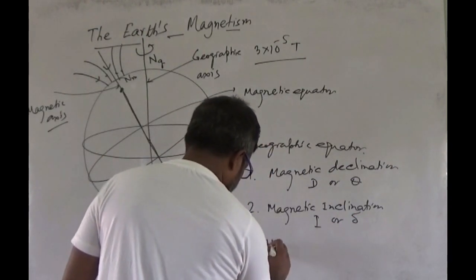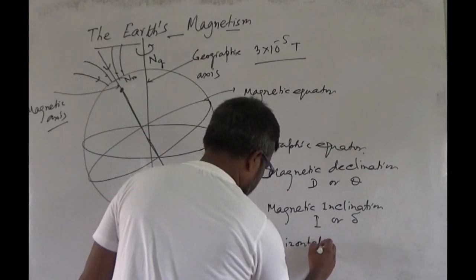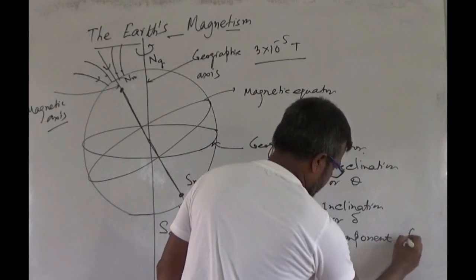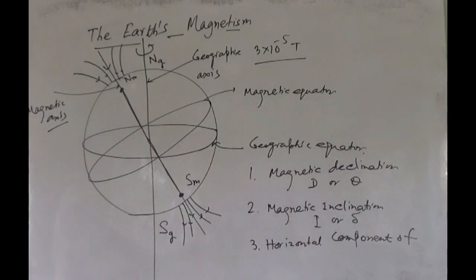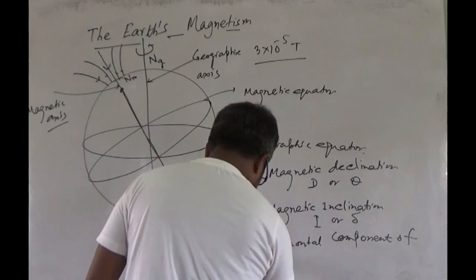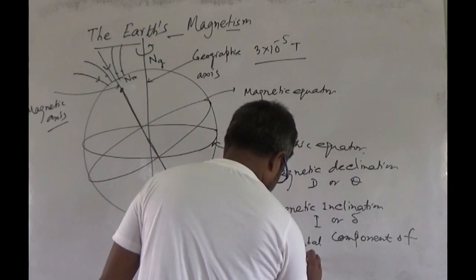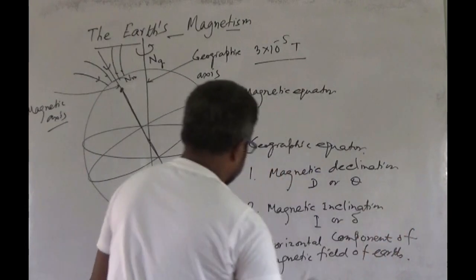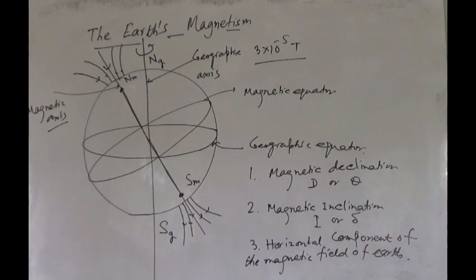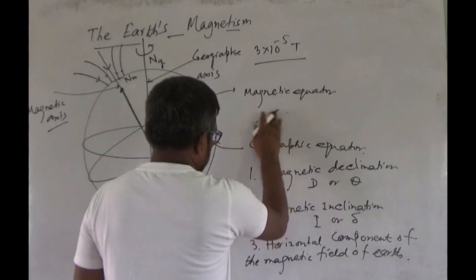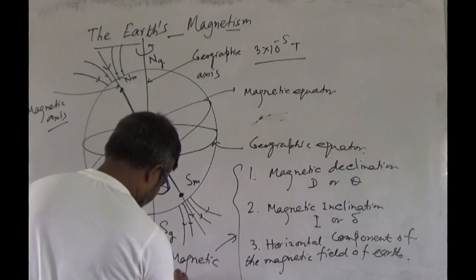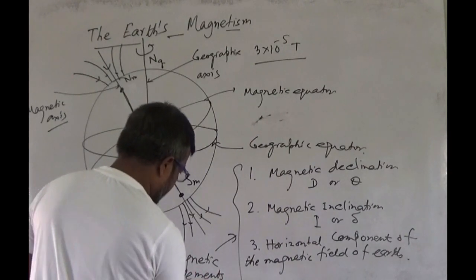And third is the horizontal component. These three are known as magnetic elements.